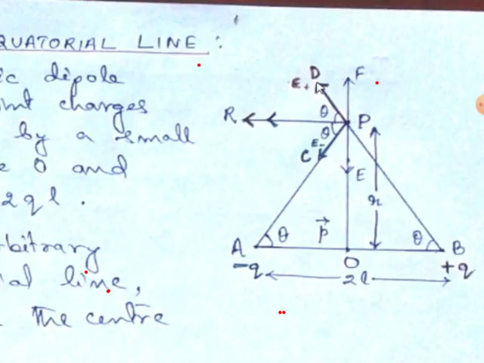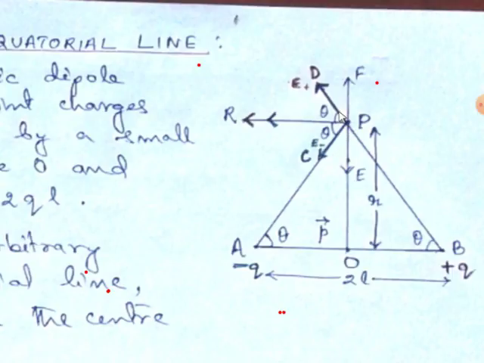When you try to add them using the triangle law or parallelogram law of vector addition, it is better to use the parallelogram law here, because both vectors are the same in magnitude and start from the same point.